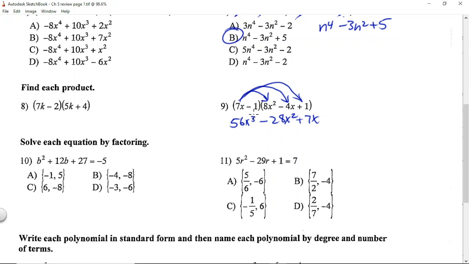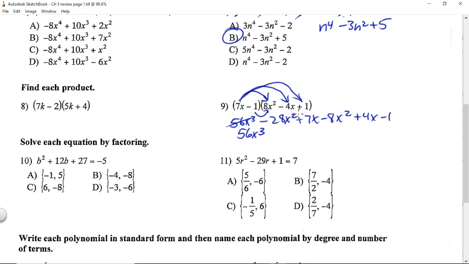Okay, now we take the negative 1 times each of those. So negative 1 times 8x squared, negative 8x squared. Negative 1 times negative 4x is positive 4x. And then the negative 1 times 1 is just negative 1. Now we have to combine like terms. 56x cubed.